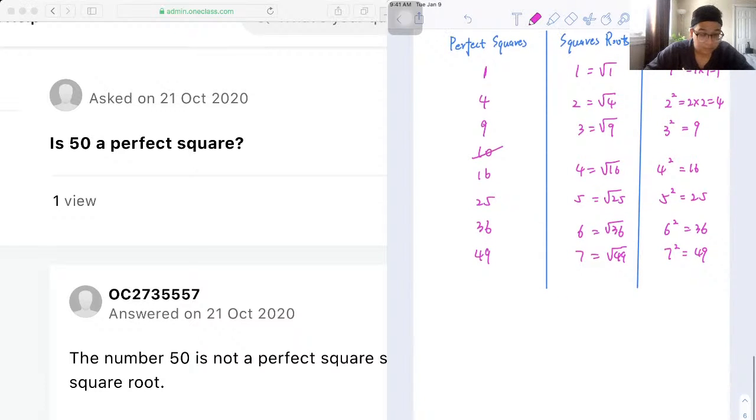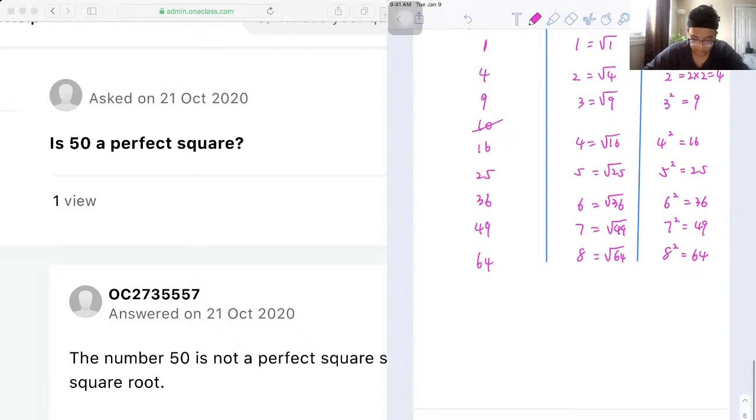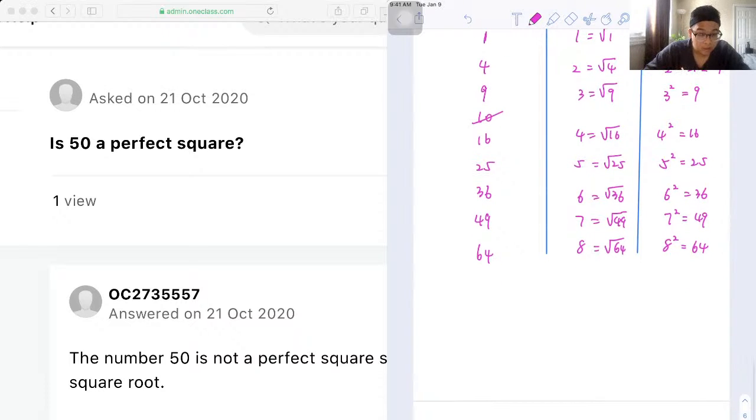And then we have 64. We take the square root of 64, it's going to be equal to 8, and 8 times 8 is going to be equal to 64. And then we got 81. We take the square root of 81, it's going to be equal to 9, and 9 squared is equal to 81.